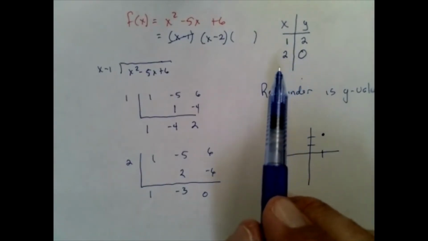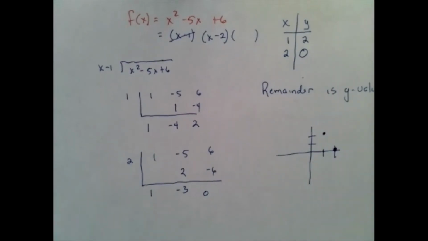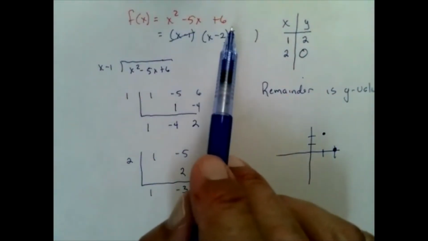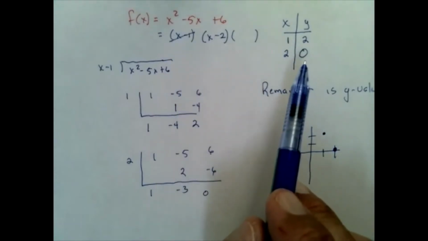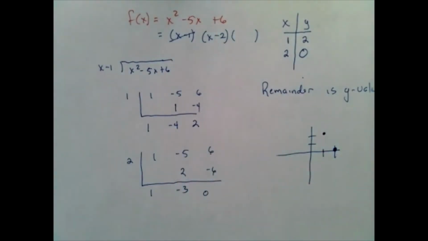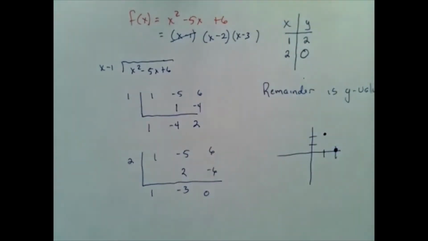I found my x-intercept again because it factors, even though I couldn't straight out factor it. When I plug 2 in, I got a y value of 0, which means x minus 2 is a factor. Then I'd be able to keep going from there to, oh yeah, x minus 3 is a factor.